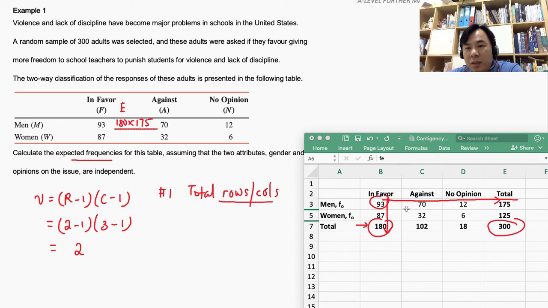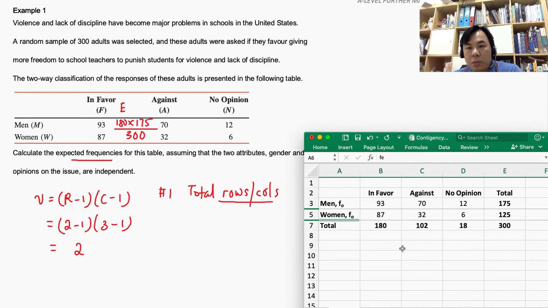Divided by 300, you will obtain the expected frequency for the man in favor. Here I have tabulated this, so just let me show it to you.